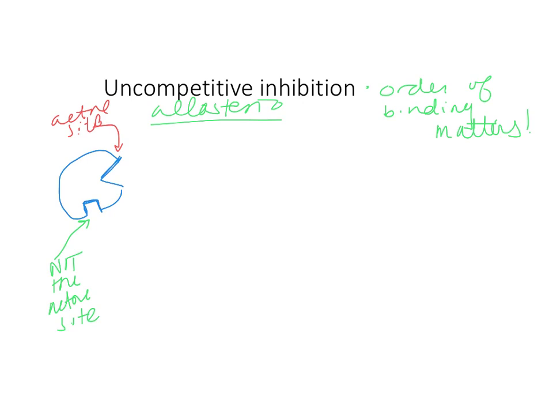Okay, so in uncompetitive, the order of binding matters. So the first thing that happens is substrate binds first. My substrate, yellow. I'll do a diamond this time. So the very first thing that happens is we form an ES.